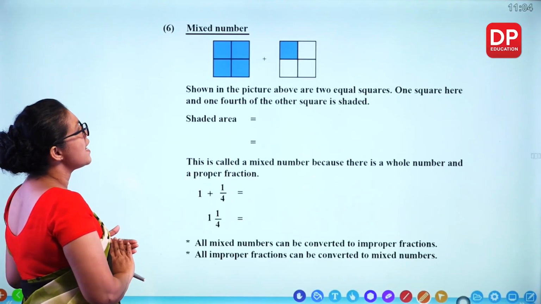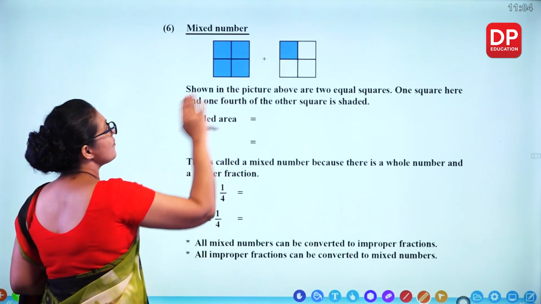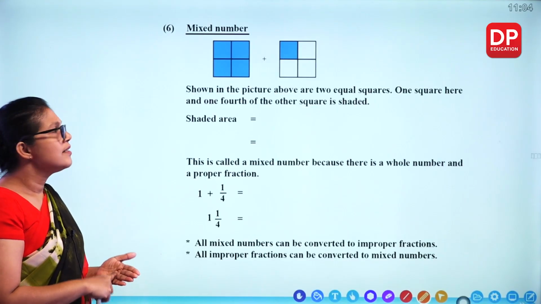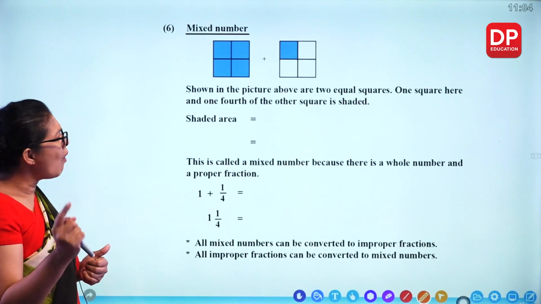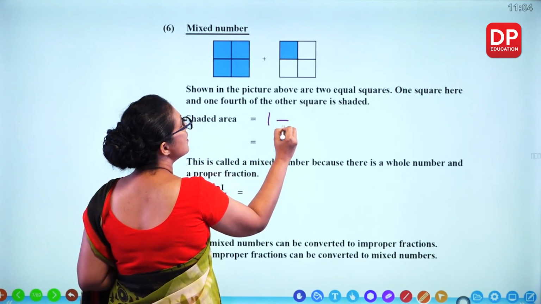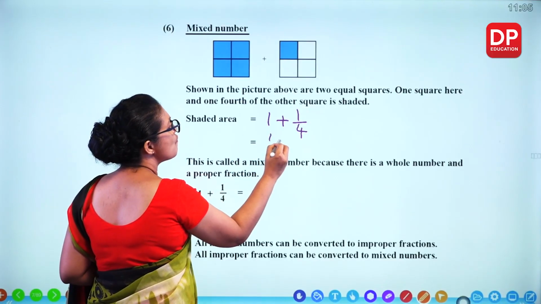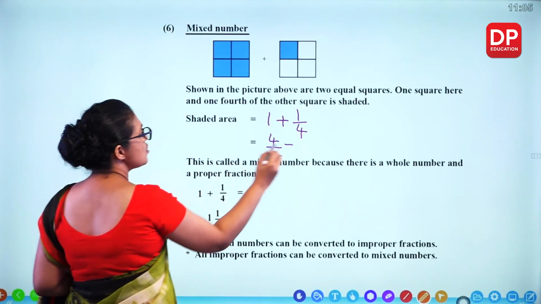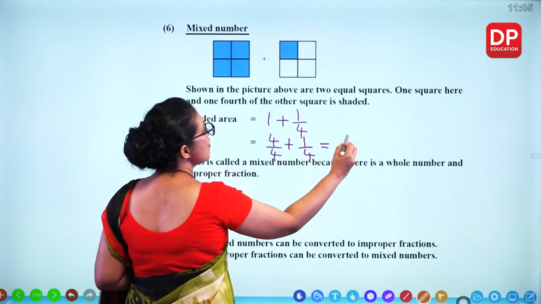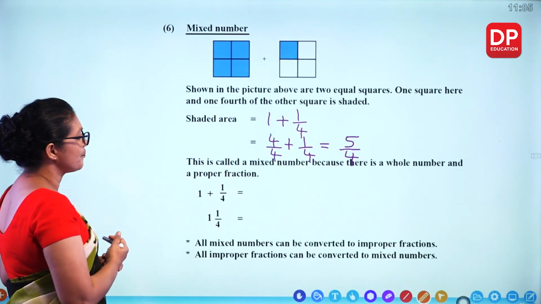If you take this one as whole 1 and this is one part, you can say 1 and 1/4. Or you can write one whole as 4/4. Adding 1/4, you get 5 parts out of 4.